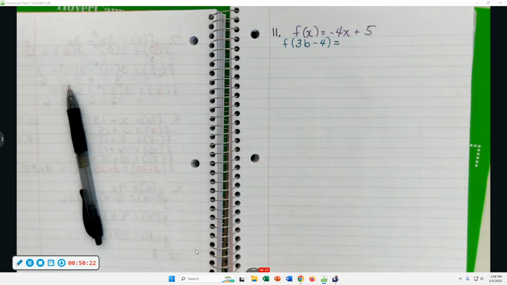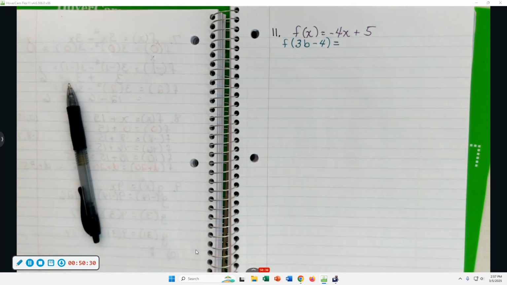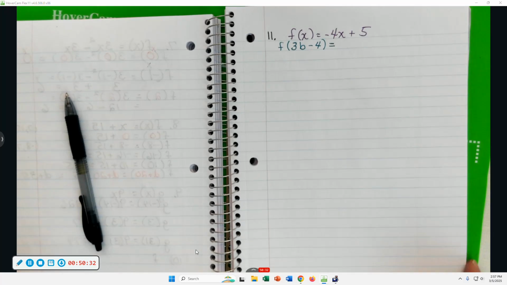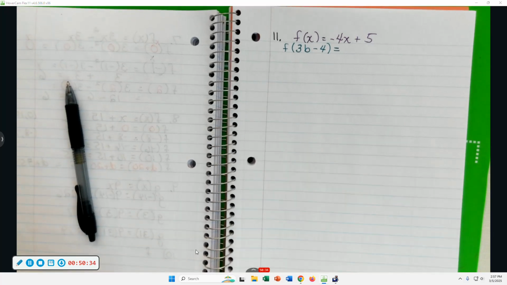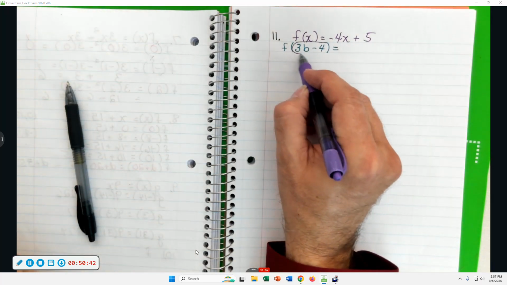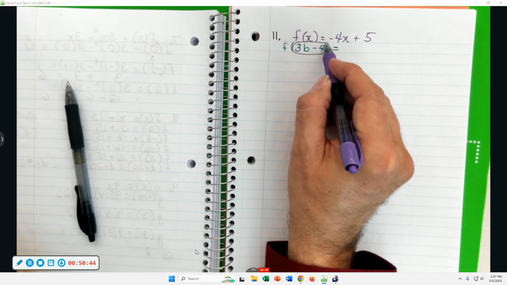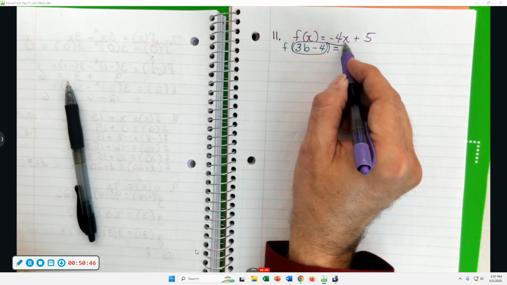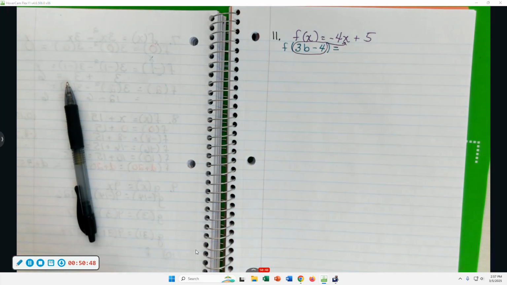If you were helping someone, how would you say in words what we're about to do here? How would you tell them what to do? I'll get us started. Go to the function f and replace the x with 3b minus 4.